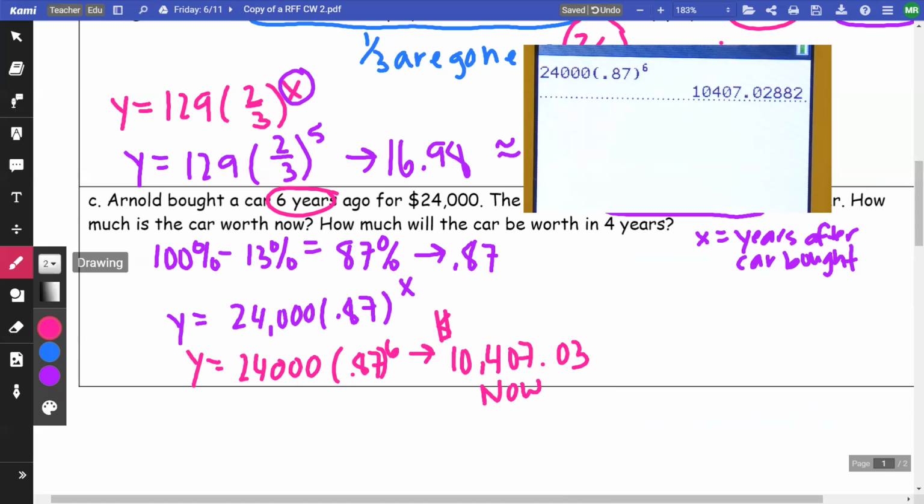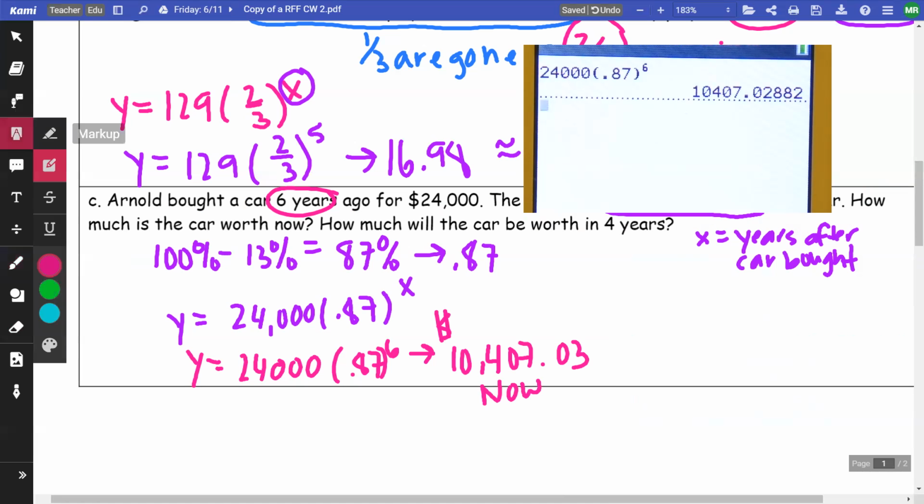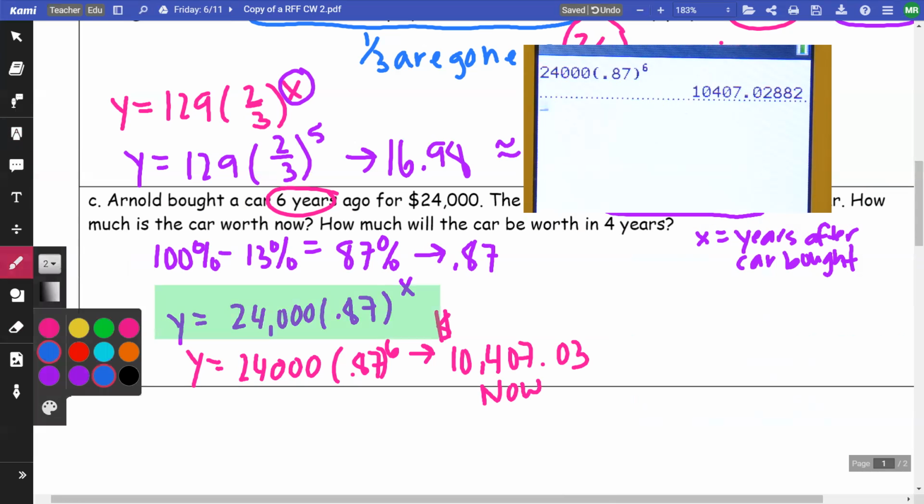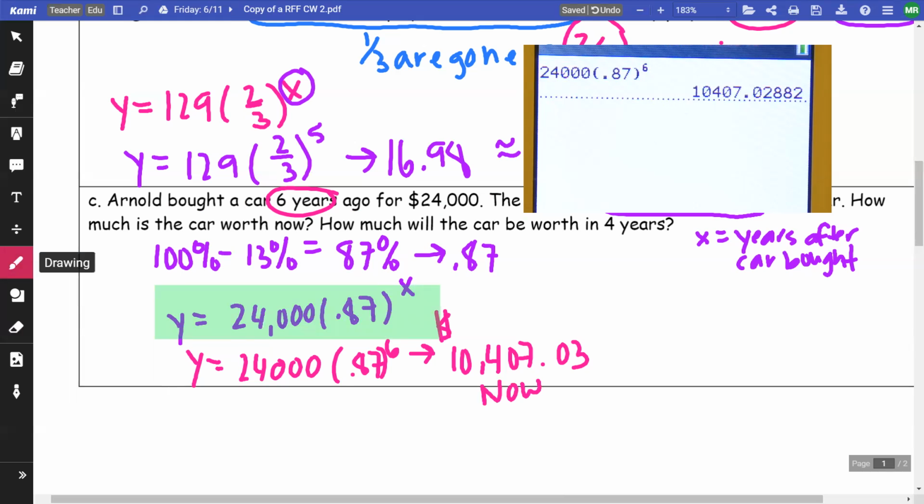So I am going to come back to this equation. And if I want 4 years from now, that means it's going to be 10 years from date bought. So I'm going to put a 10 in.